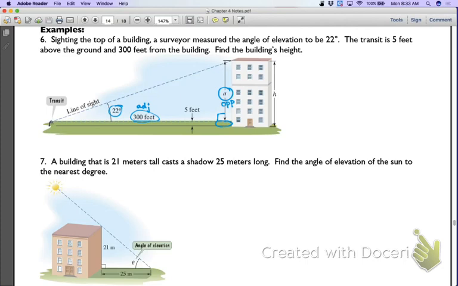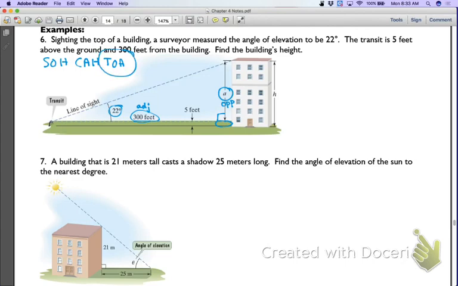So if it represents the adjacent side of my right triangle, which one of my 3 main functions has opposite and adjacent in it? Tangent.